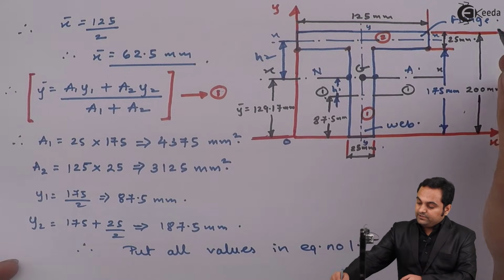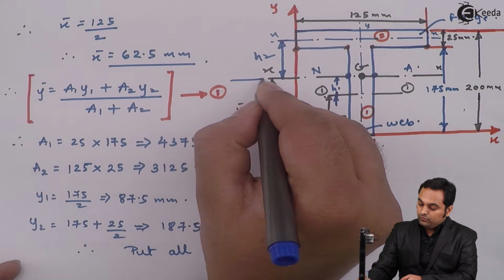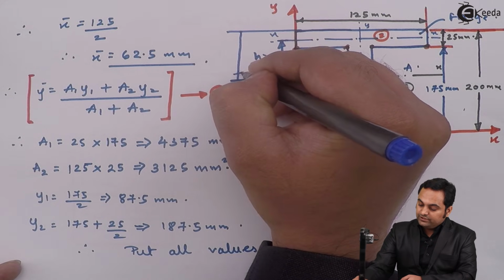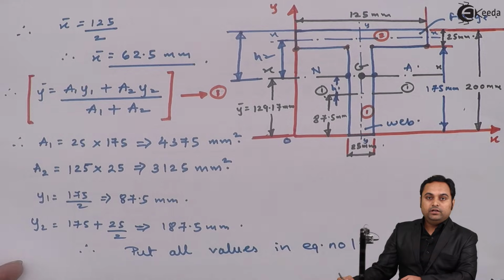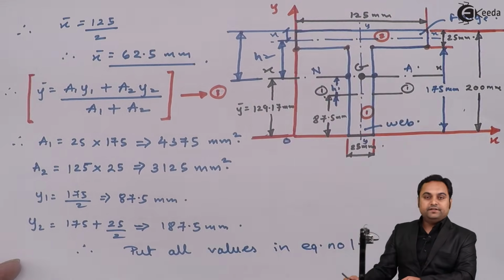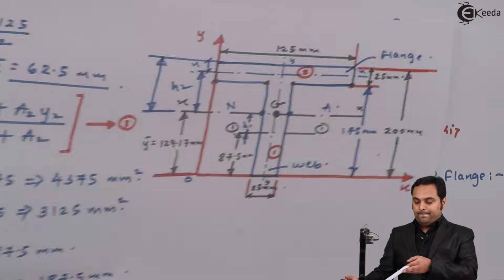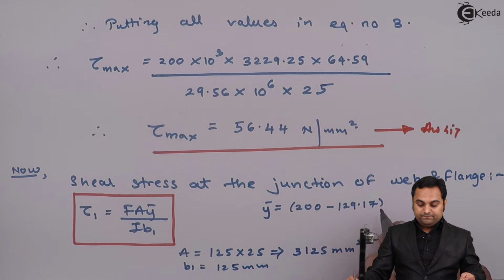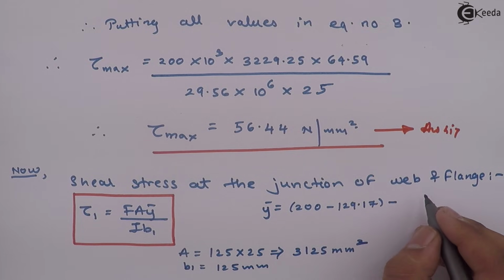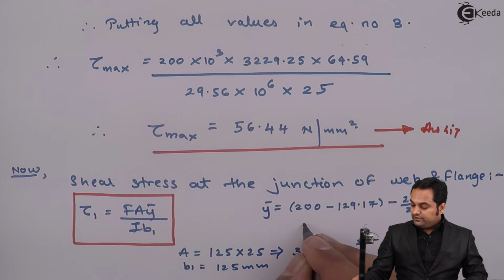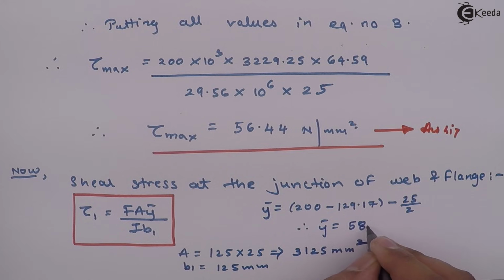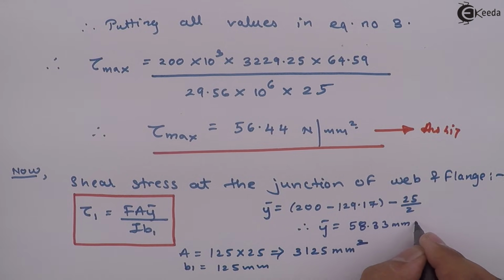Once I subtract from 200, I am going to get this total distance, and from this total I'll subtract half of 25 so that I get this distance, which is h2. So here we have, after this, minus from this 25 by 2. Therefore y bar value comes out to be 58.33 mm.